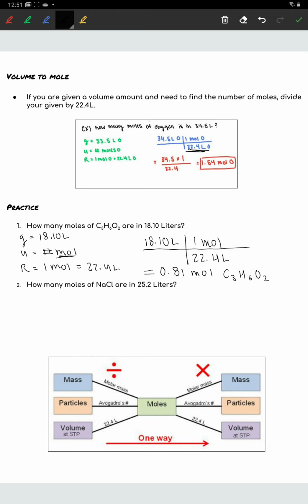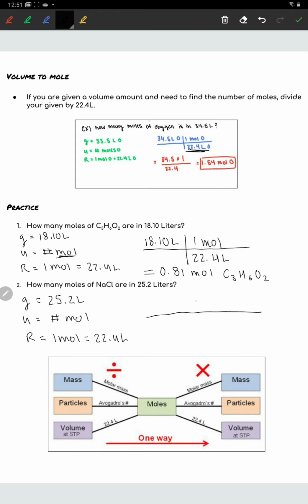If you didn't, that's okay. I'm just going to go through the answer. So our given is that we have 25.2 liters. Our unknown number of moles. And our relationship is that for every 1 mole, we have 22.4 liters.